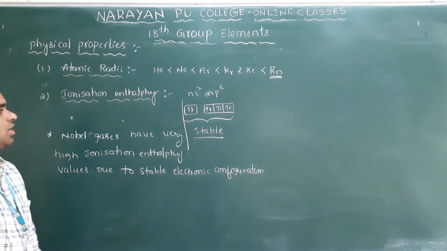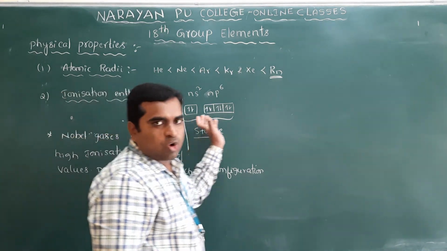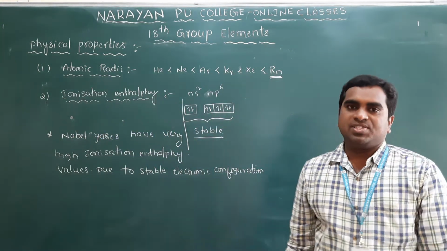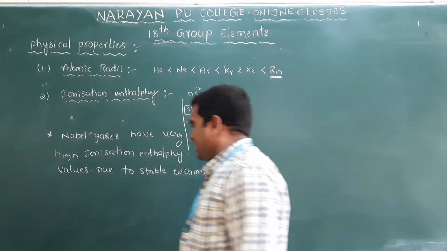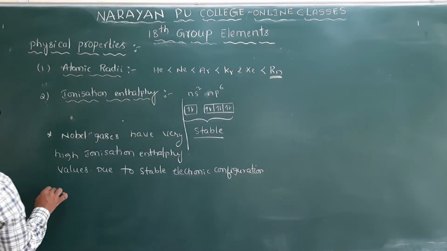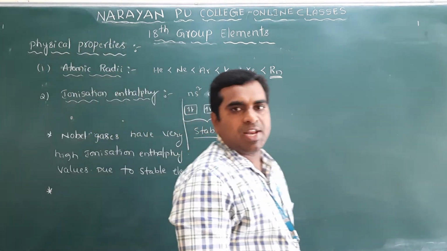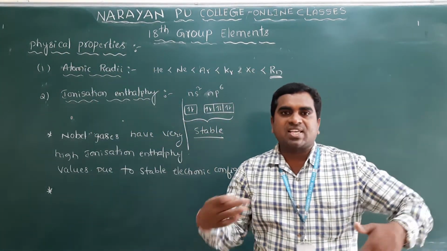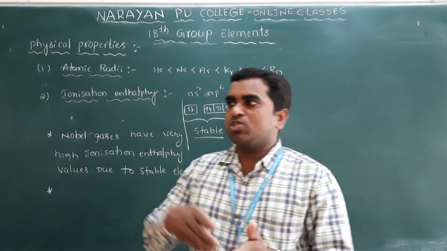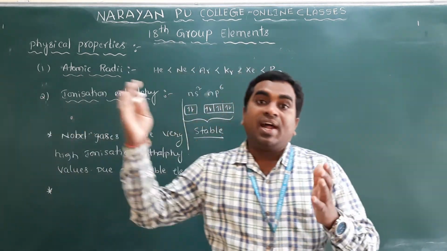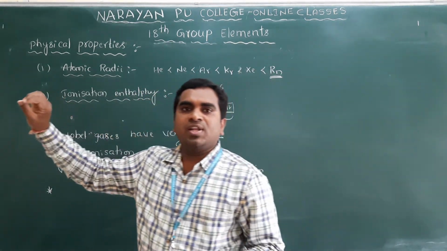So due to the stable electronic configuration, we cannot remove the electron easily, so we have to put in a lot of energy. But you know, as we move down the group from helium to radon, automatically atomic size increases. Atomic size increases means the nuclear attraction on the outermost electron decreases, so removal of the electron is very easy.